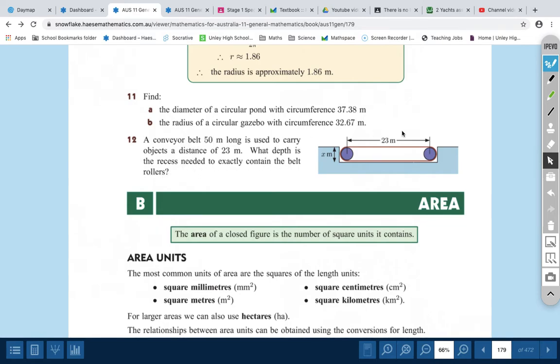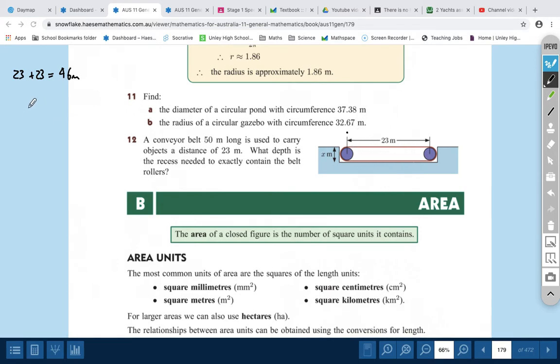All right, well, the diagram's going to help us here. Imagine we start here on the belt. The belt is 50 metres long. It goes 23 metres, then it's got this bit around the circle, then there's another 23 metres, and then that bit there. So 23 plus 23 equals 46 metres on the straights, on the top and on the bottom.